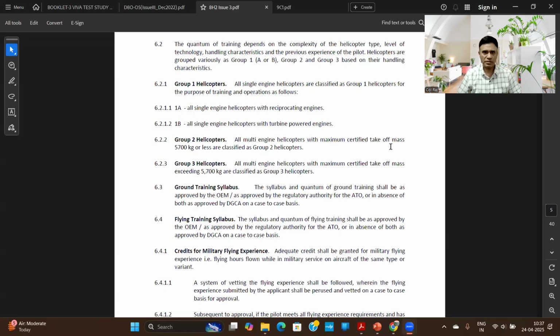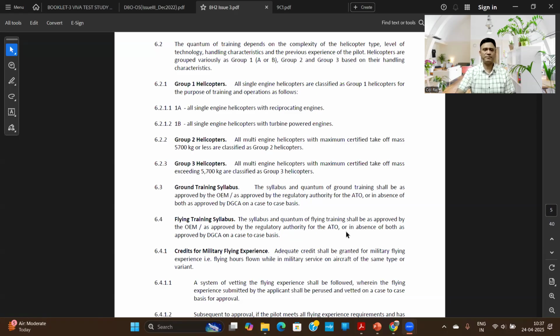Group 2 helicopters are those with 5,700 kgs or less, and group 3 are those with certified maximum takeoff mass of 5.7 tons or more. Okay, now do not confuse them with performance class 1, 2, and 3. Those are different. These are the groups for the purpose of issuing the training requirements.